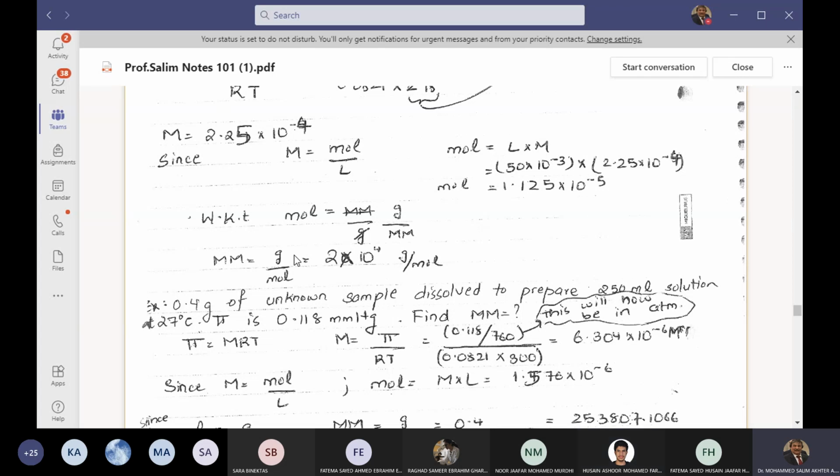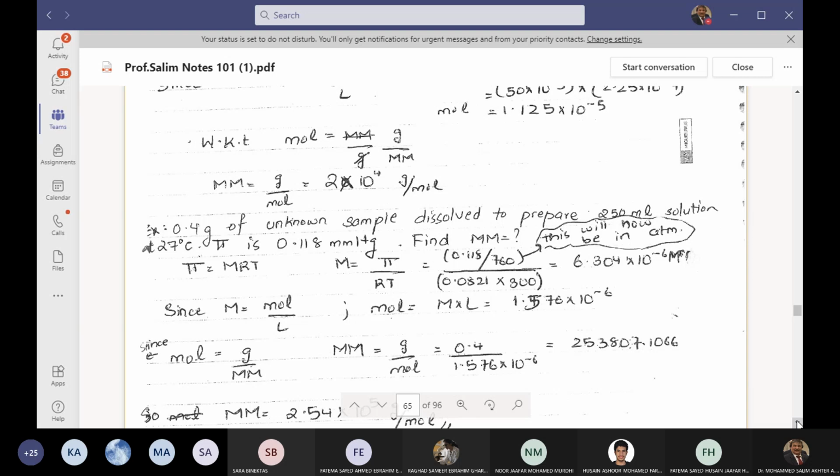No problem. As I said, all 4 colligative properties can be used to calculate molar mass of an unknown compound. Another example, 0.4 gram of an unknown sample dissolved in water.